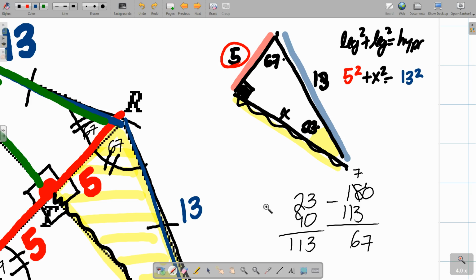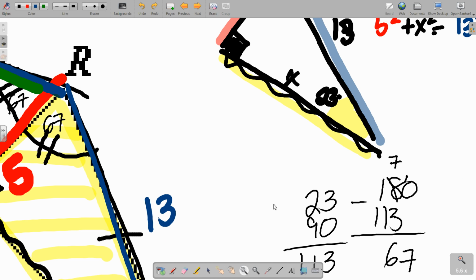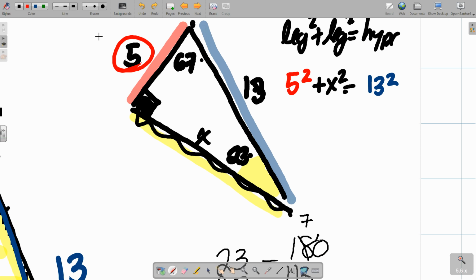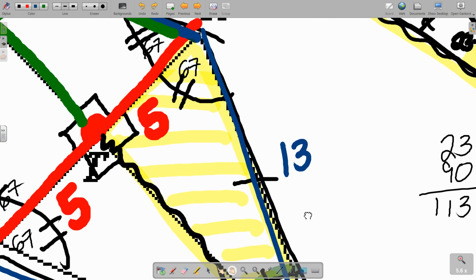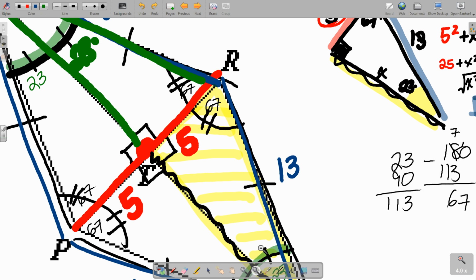Do your own math. So we just found that that edge there is 12.